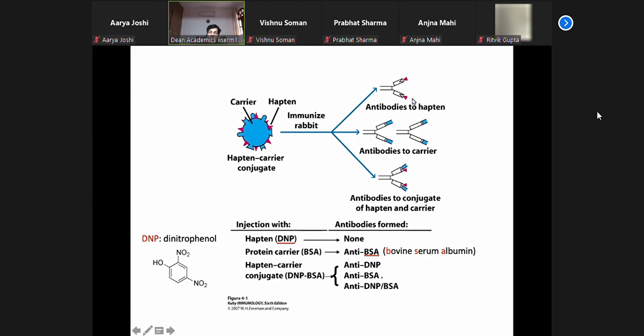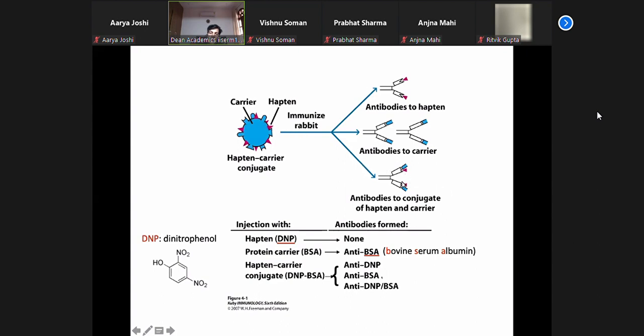Number one, against these red or purple structures that you see on the surface, which we call haptens. Antibodies against haptens will be formed. You will also generate antibodies against these carrier proteins.